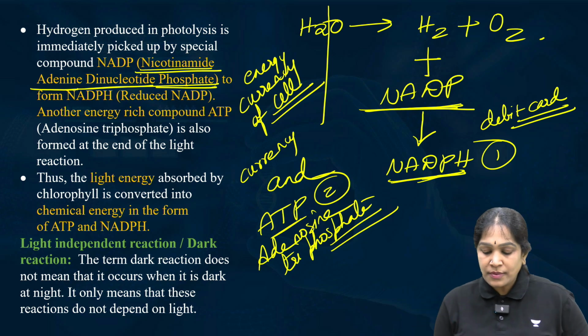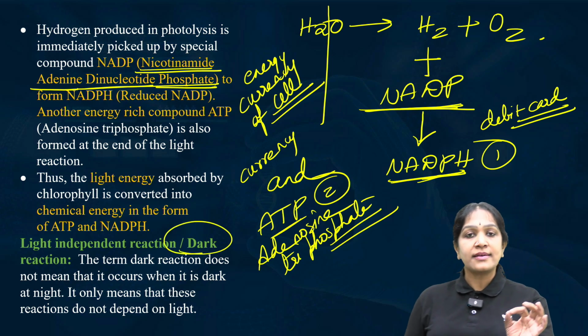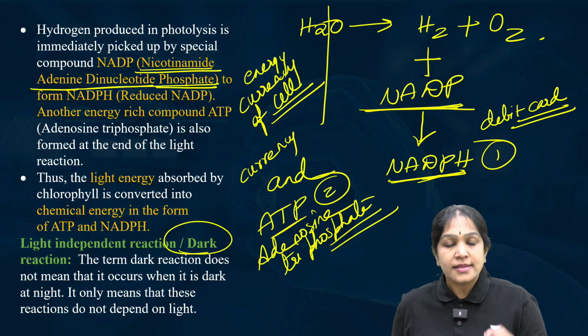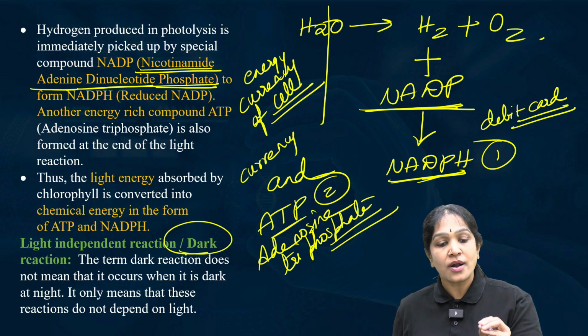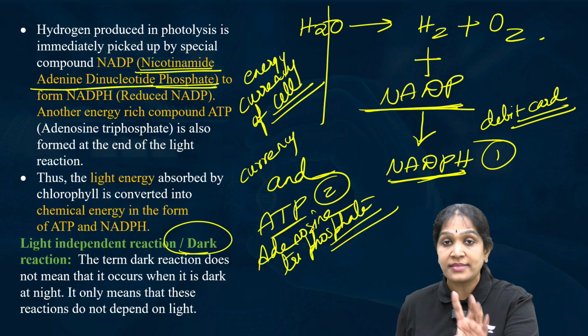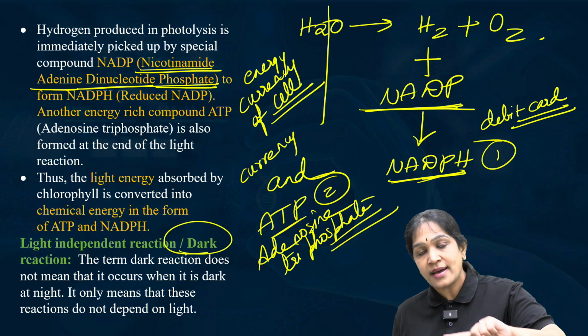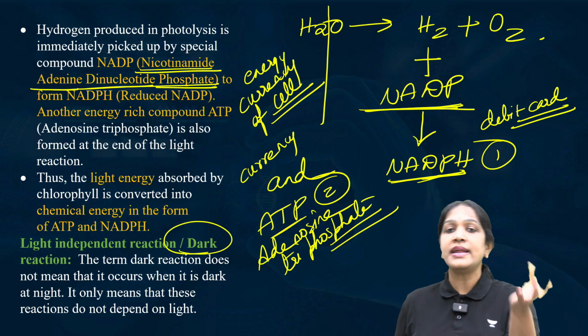And now let us see what is dark reaction. The name dark reaction is because the solar energy is not directly required for this particular step. Does not mean that it is not at all required. Solar energy is needed for the dark reaction also, but indirectly.